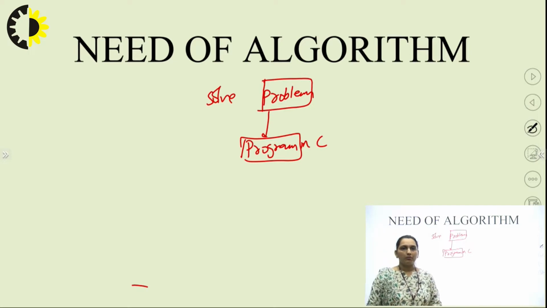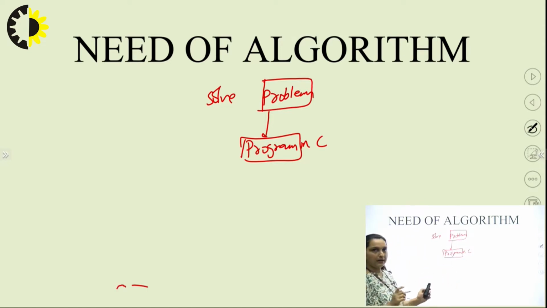But before going to any program, we have an informal description of the problem. That is a blueprint. Before going into the algorithm and program part, we first need a blueprint of it.